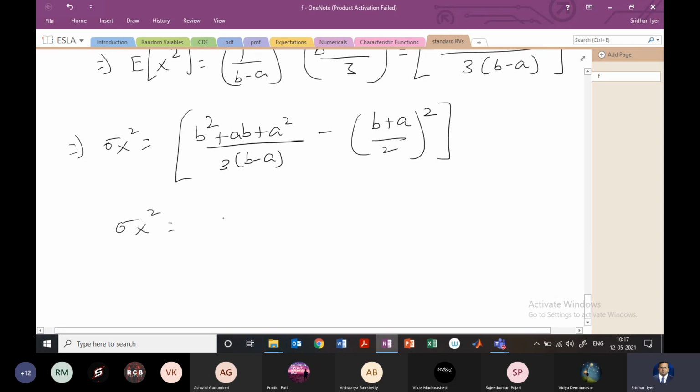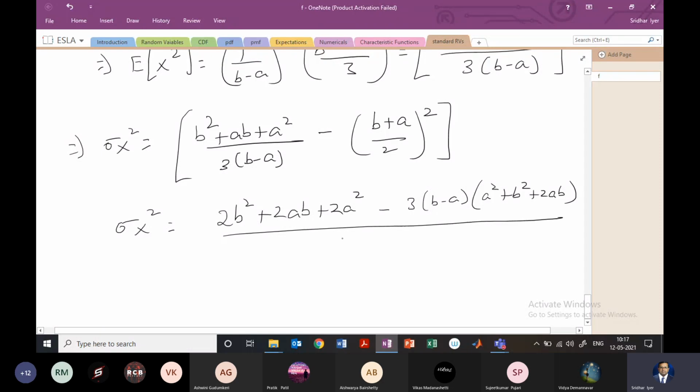So for this sigma x square, now we'll take the LCM and do it. So you'll have 2b square plus 2ab plus 2a square minus 3 into (b minus a) into (a square plus b square plus 2ab), and this will divide with 6 into (b minus a).